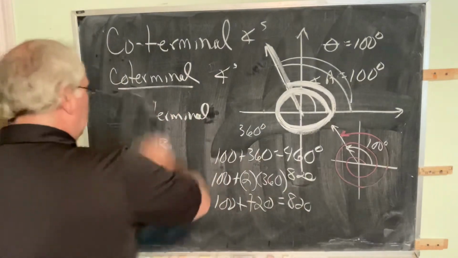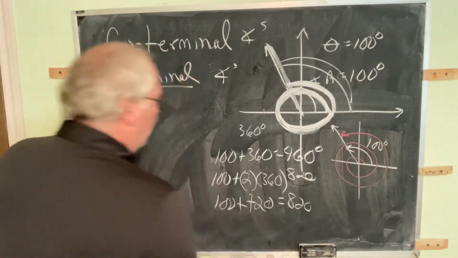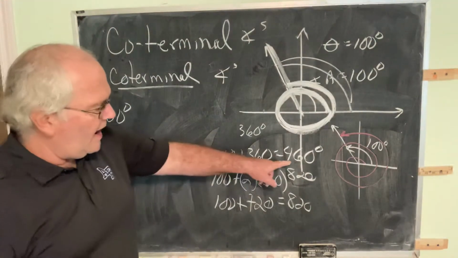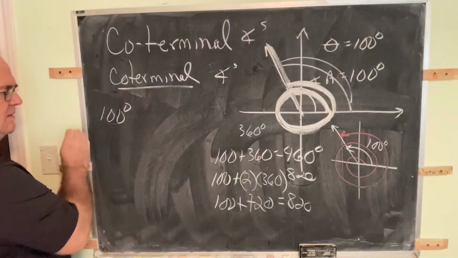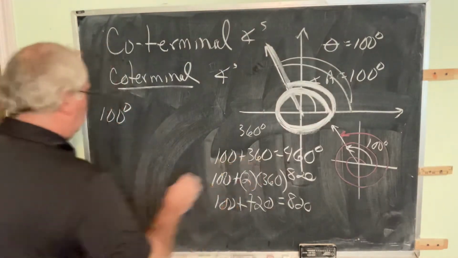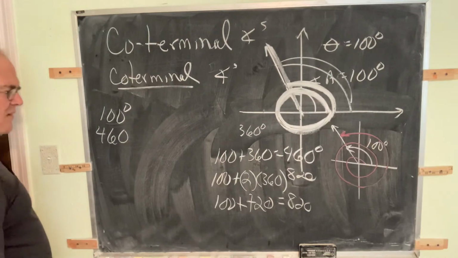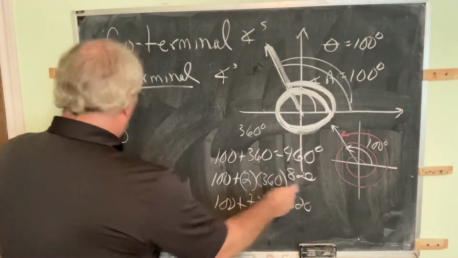Let's keep track here. I'm going to make a list of coterminal angles. One possibility is we could have 100 degrees. And then we could have 100 plus 360, which is 460. And then we could have 820.